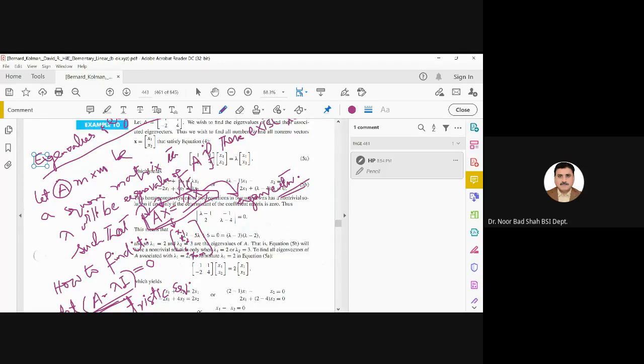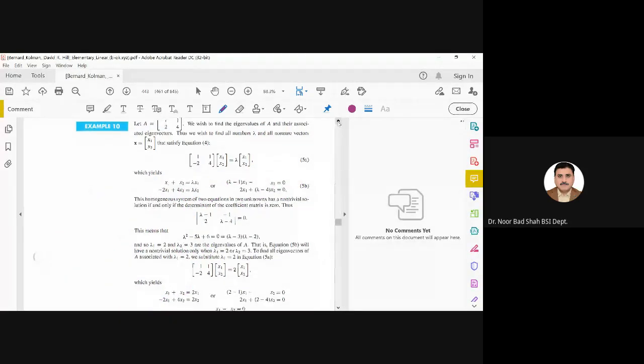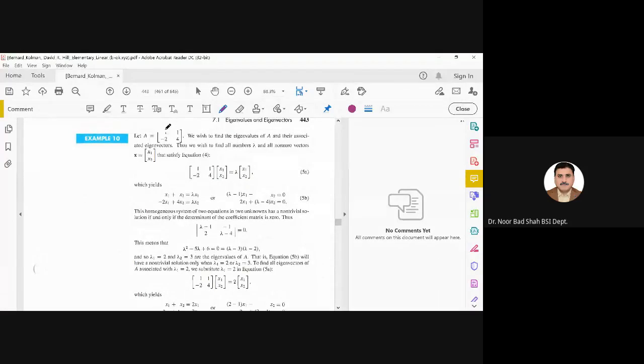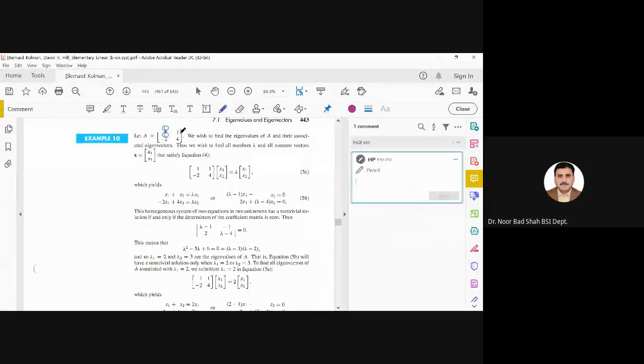We see, find eigenvalues and eigenvectors of this matrix, 1 1, minus 2 4. As I said, we'll be looking for a vector x1, x2 such that A times x1, x2 is equal to lambda times it. We first find A minus lambda I, where I is the corresponding identity matrix.